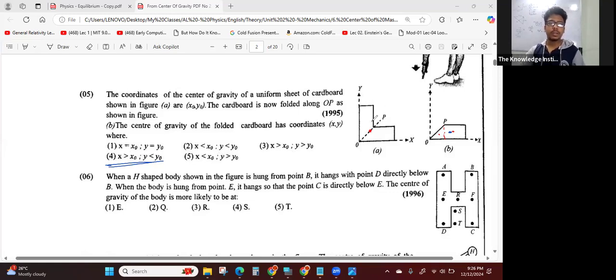Since you fold this, the mass distribution in the y direction decreases, meaning that the y coordinate will decrease, and the x coordinate will increase. Therefore, x has to increase. So therefore the answer is the fourth one. Okay. And now question number 6.